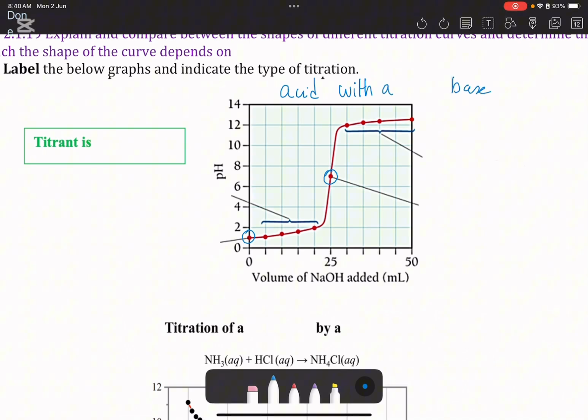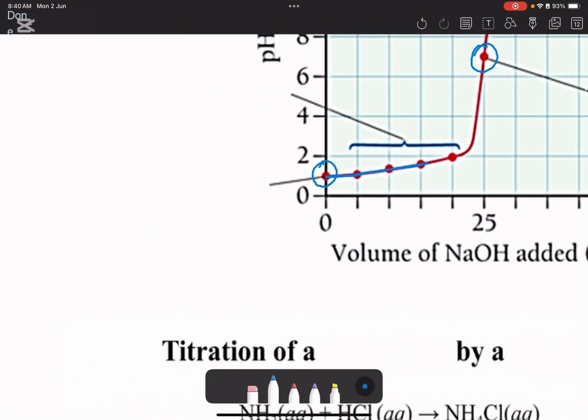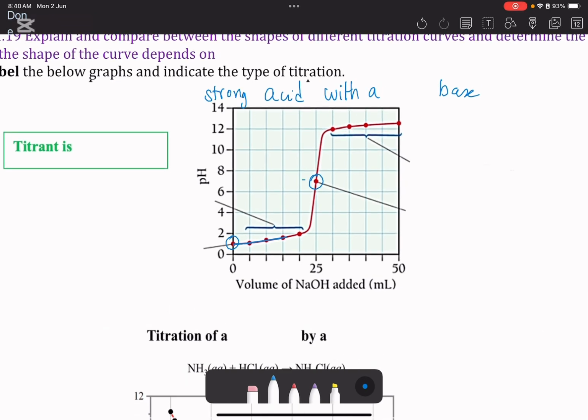Now, next, here the pH starts initially below 2, and there is a slight increase in the curve. There is no jump like that in the curve, which means that this is the titration of a strong acid with a base. Now, moving on to the equivalence point.